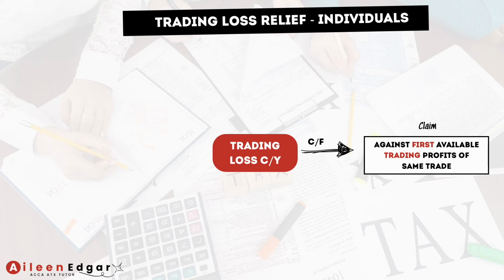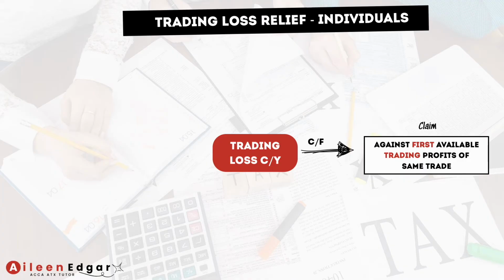Now that is different to what we saw for companies. Companies were setting it off against total profits going forward, which could include, for example, chargeable gains or some property income. But for an individual, they are restricted to only using that trading loss of the current year against trading profits of the same trade in the future.